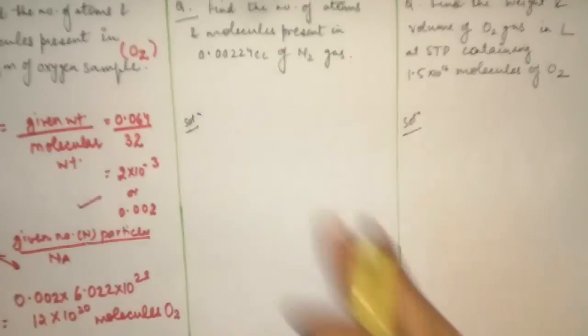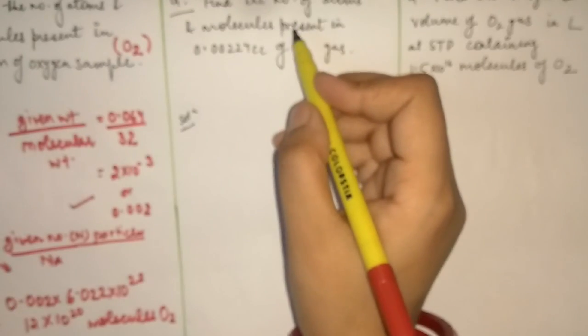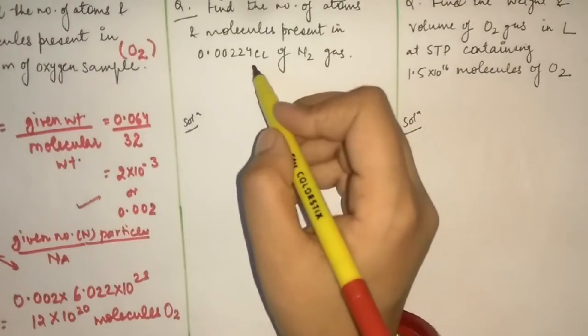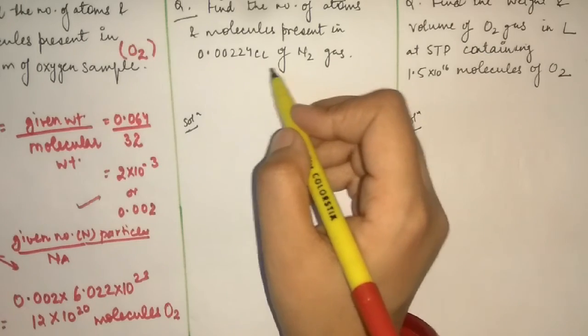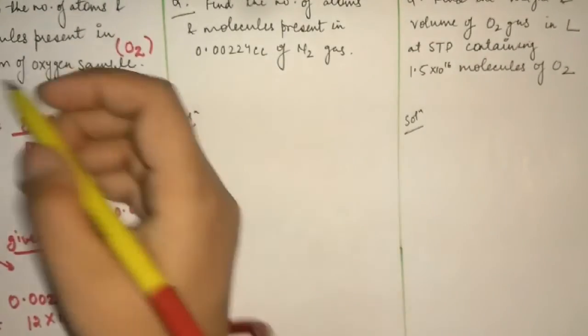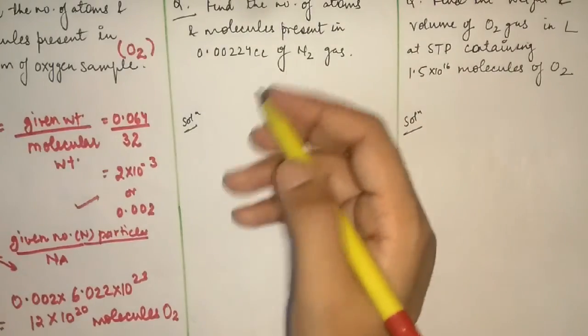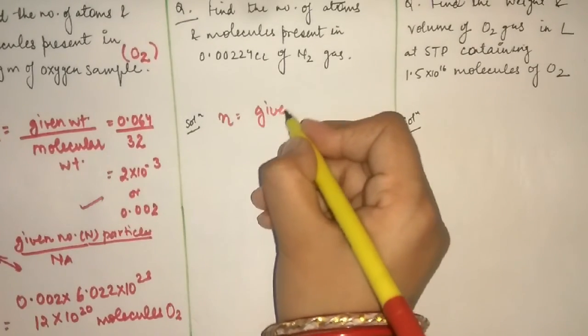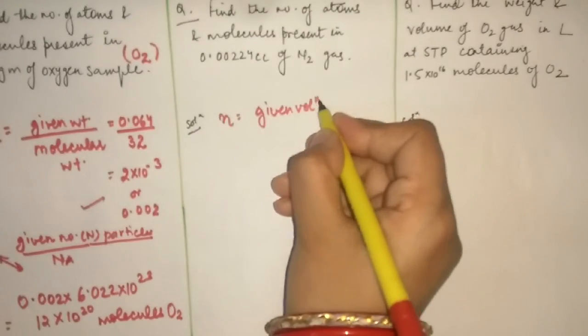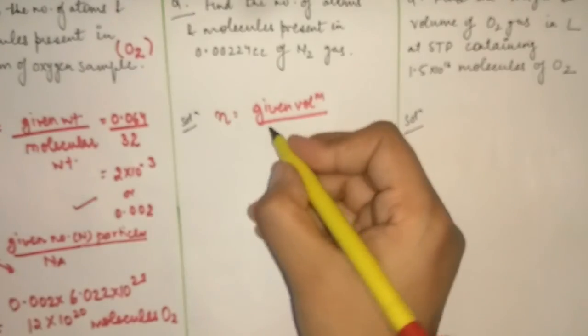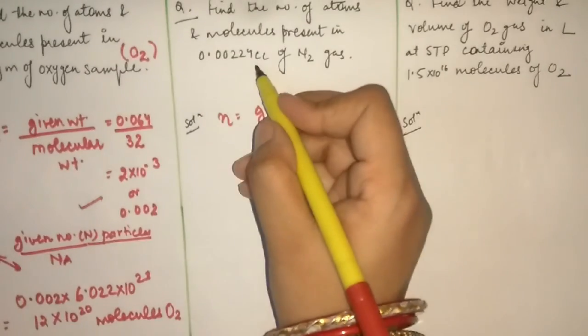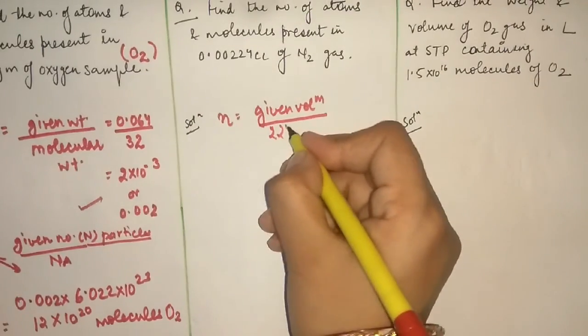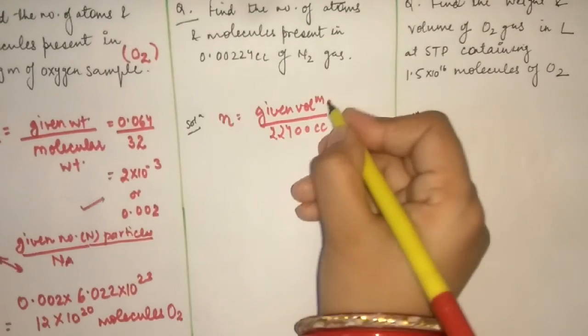The second question: find the number of atoms and molecules present in 0.00224 cc of N2. Similar question, but earlier weight was given, here volume is given. When volume is given, number of moles is equal to given volume divided by 22400 cc, since it is in cc.